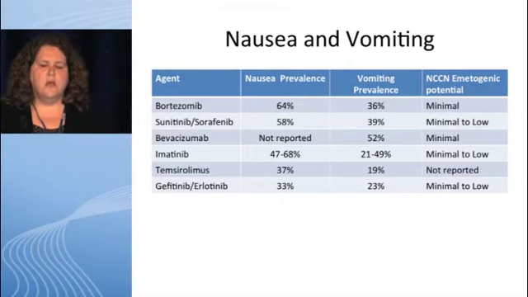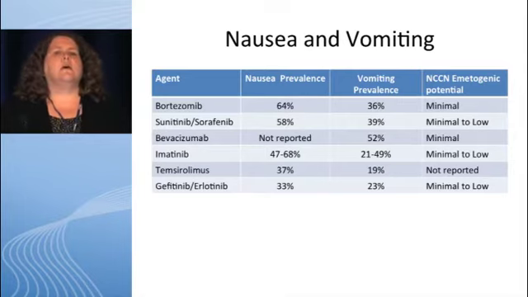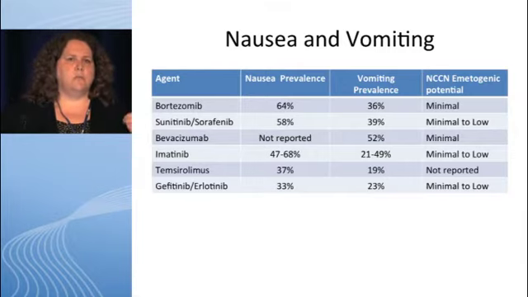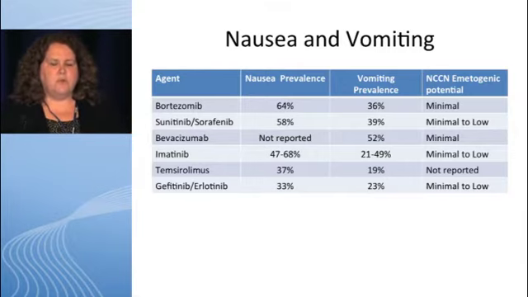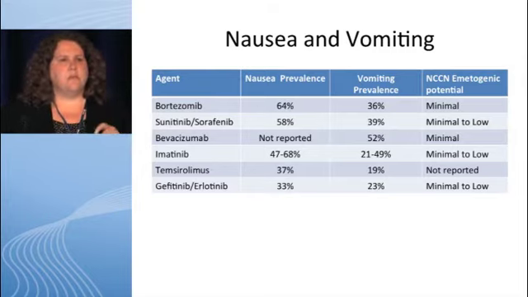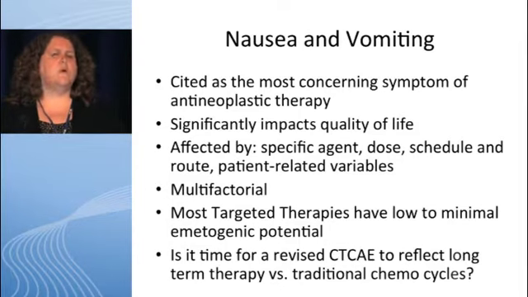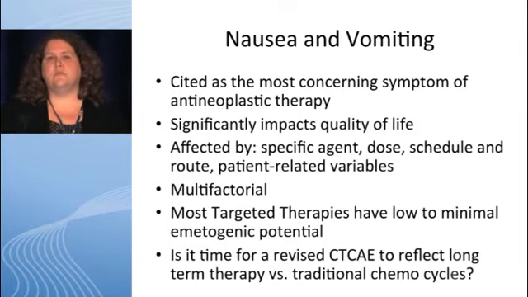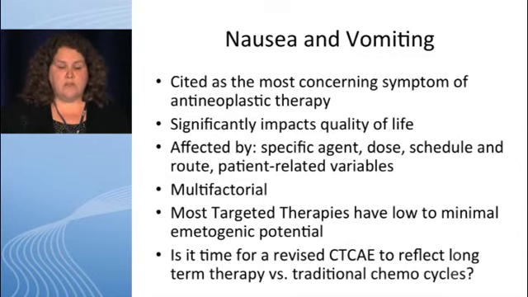If we look at nausea and vomiting in the NCCN guidelines, all of them have minimal to low emetogenic potential, but the prevalence is quite high. So again, asking somebody to tolerate grade 1 or 2 nausea and vomiting long term is very different than having a few days of nausea and vomiting per cycle. So nausea and vomiting truly is the most concerning symptom for patients.